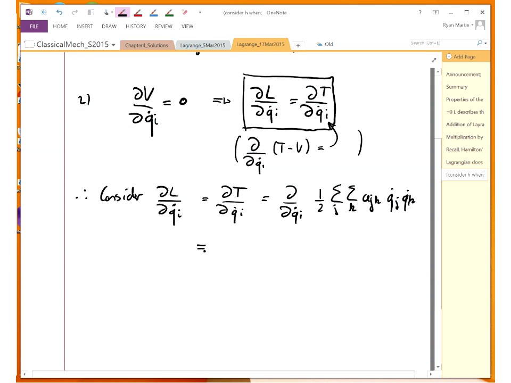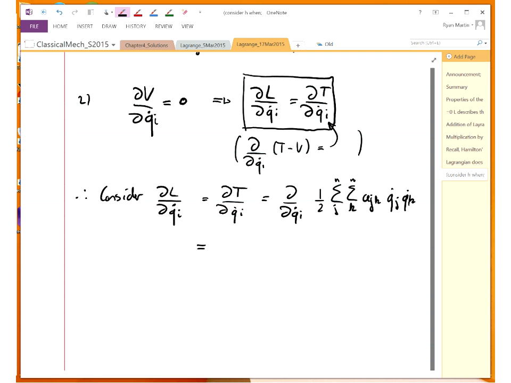Now, if you're not convinced, you should work this through. But I have a double sum here. So when I take the ∂/∂q_i dot inside of the sum, the sum goes from J and K all the way up to n, from 1 to n. So somewhere in that sum is a term when J equals I. Maybe the q's are x, y, and z.